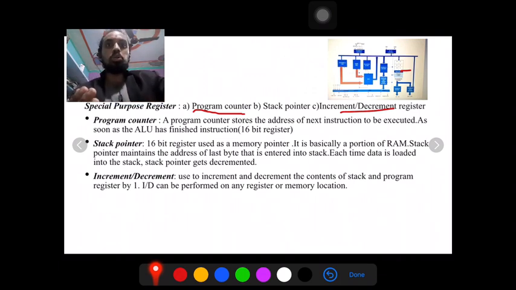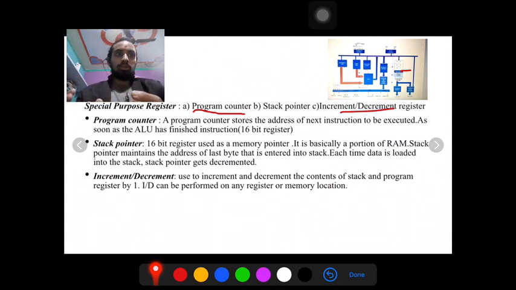It has L1 and L2 cache integrated. Cache memory is faster than RAM. Basically L1 cache is like 100 times faster, and L2 is like 25 times faster than your random access memory.